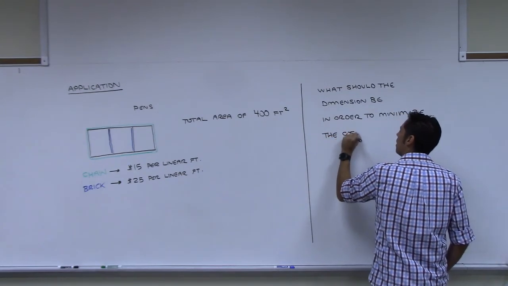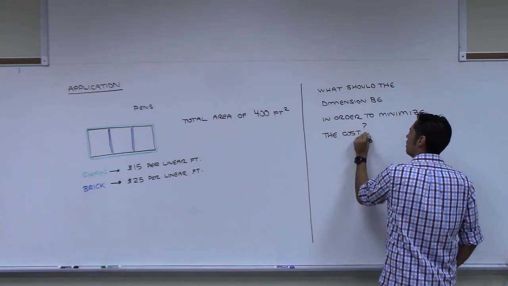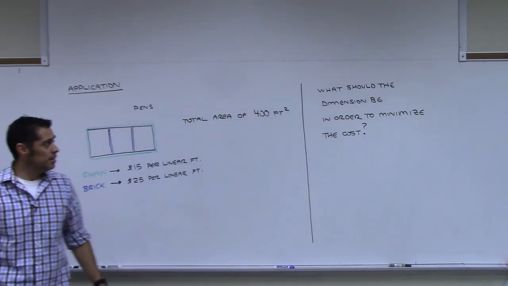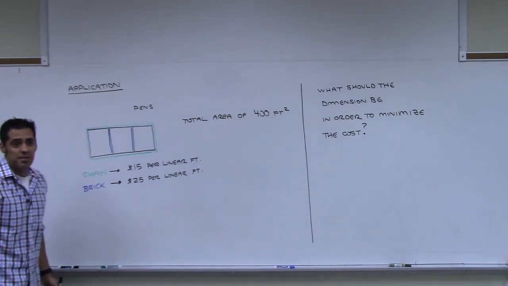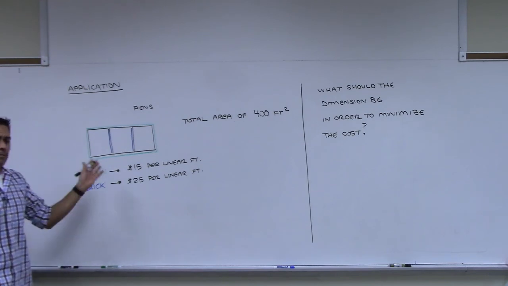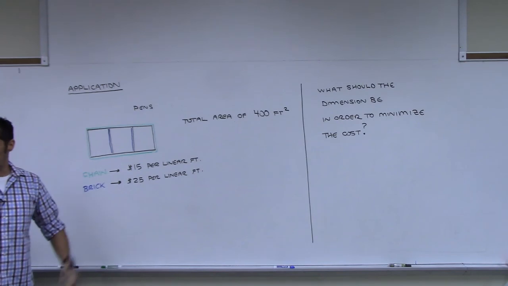Unless I don't care about money. If I don't care about money, I just build it, right? Just build it however I want to build it. But if I'm wanting to save some money, I want to do this as cheap as possible, but still give these animals the 400 total square feet, right?